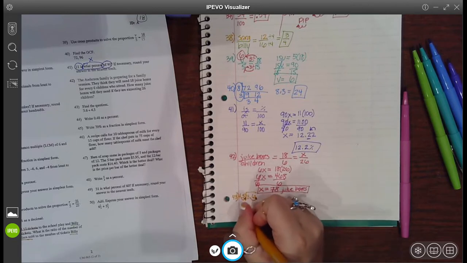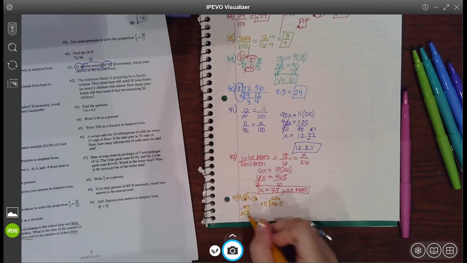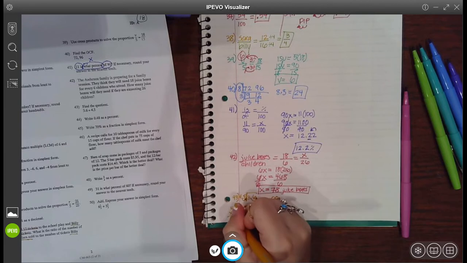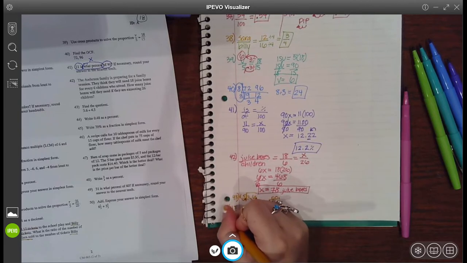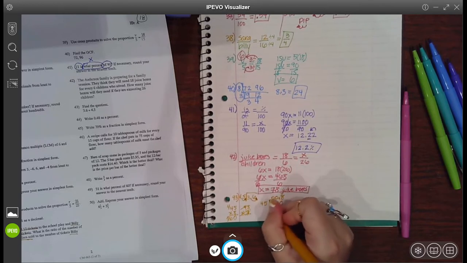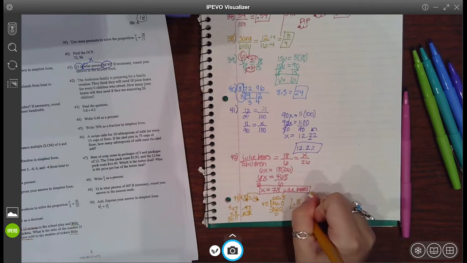So try 45 times 9. And I can already tell that 4 times 9 is 36, and when I add the carried number to it, it's going to be too big. So let's try 45 times 8. That's 40, 32 plus 4 is 36. So 8 goes in exactly 360 times. So what's my answer? 0.8.